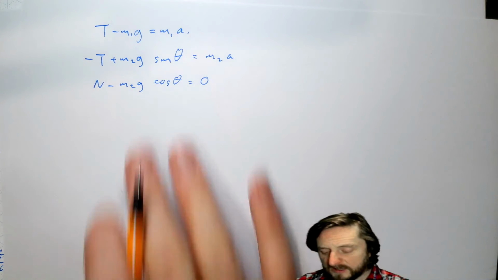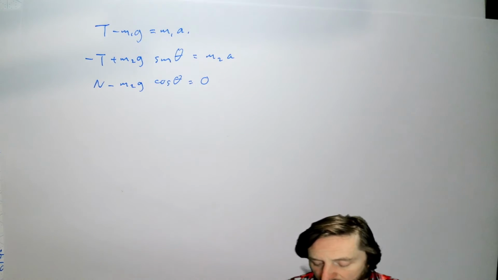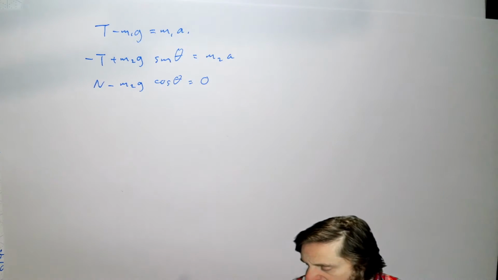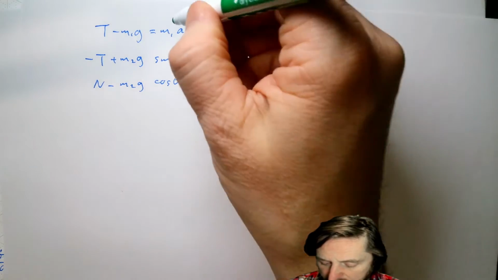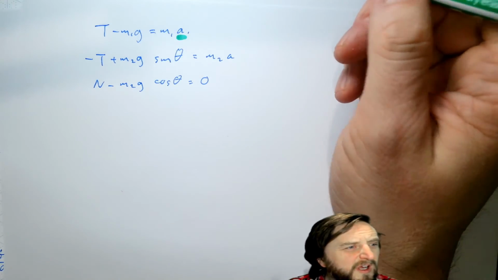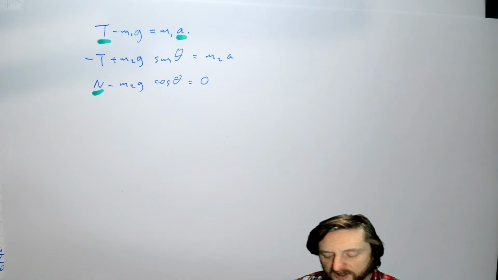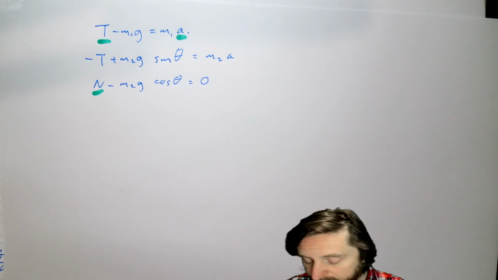Okay, so these are now our three equations, and what we actually want to find here is the acceleration. So acceleration is an unknown, tension is unknown, and the normal force is unknown. But we have three equations, so we could find all of them.